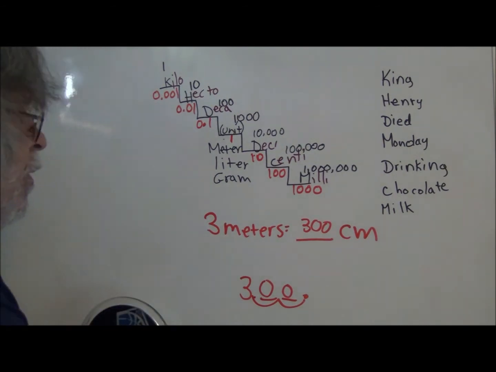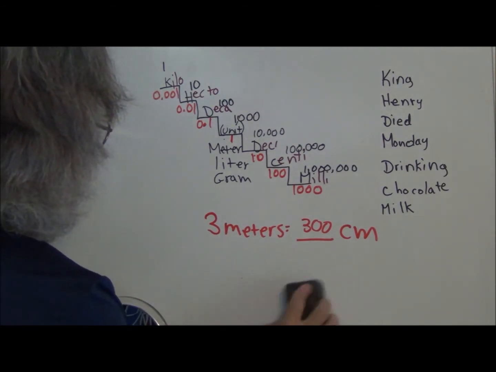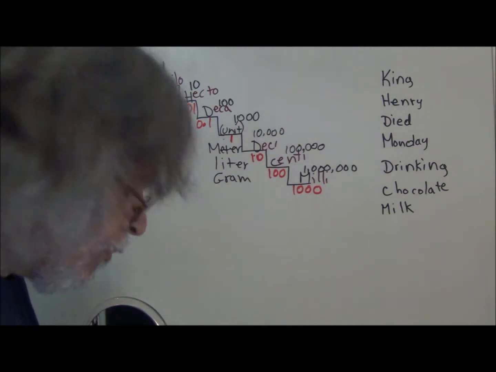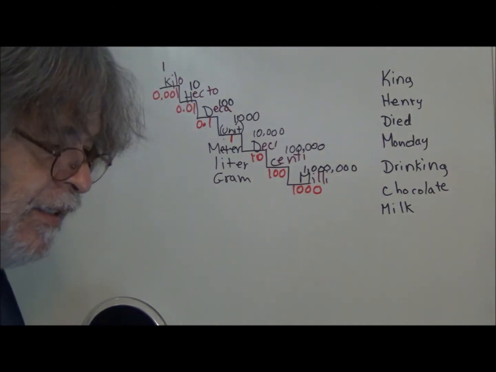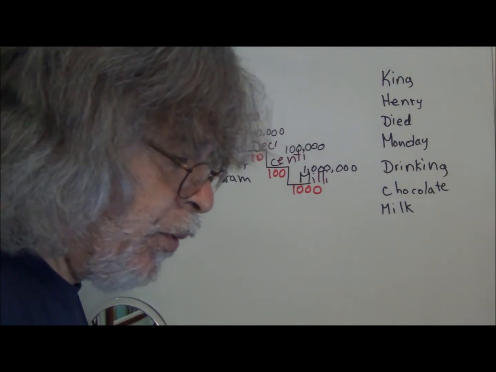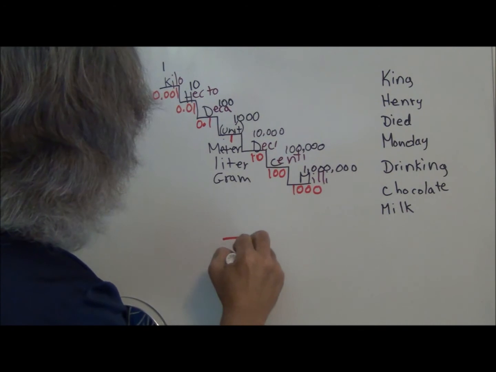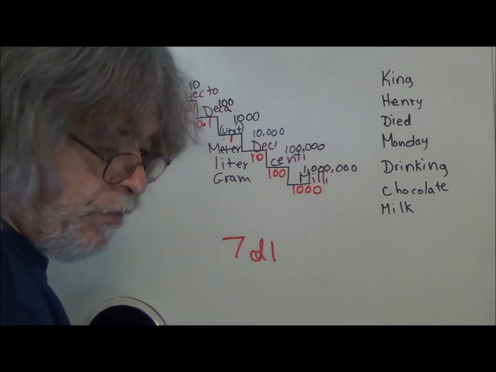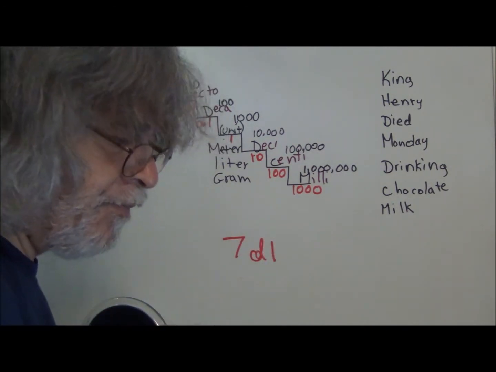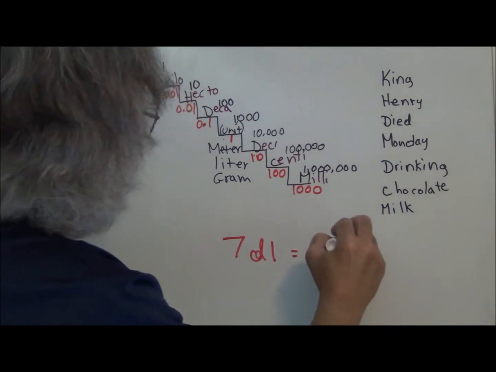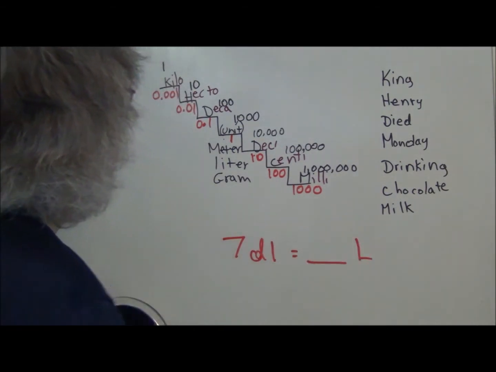So we're going to do a couple more examples. Now let's change 7 deciliters to liters. So 7 deciliters, which I've never used before, but we're learning how to do it. So to just liters. All right.